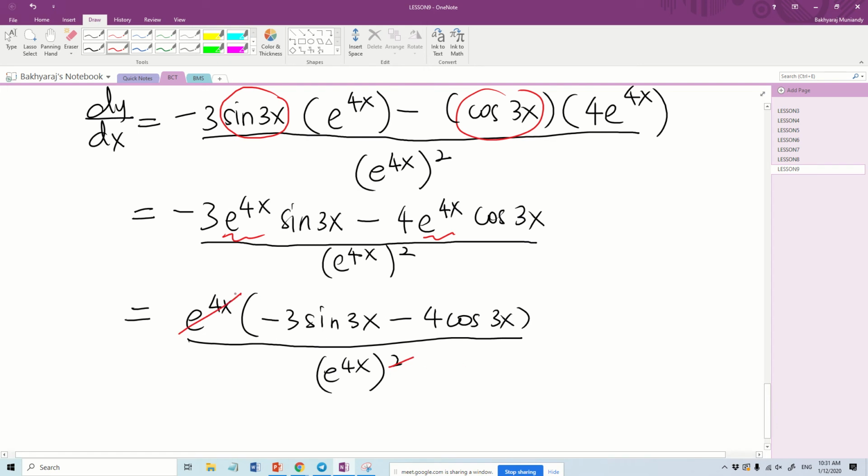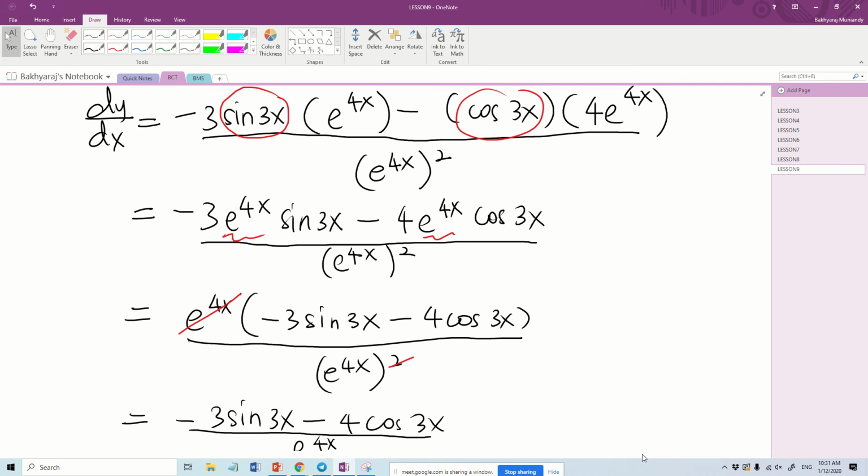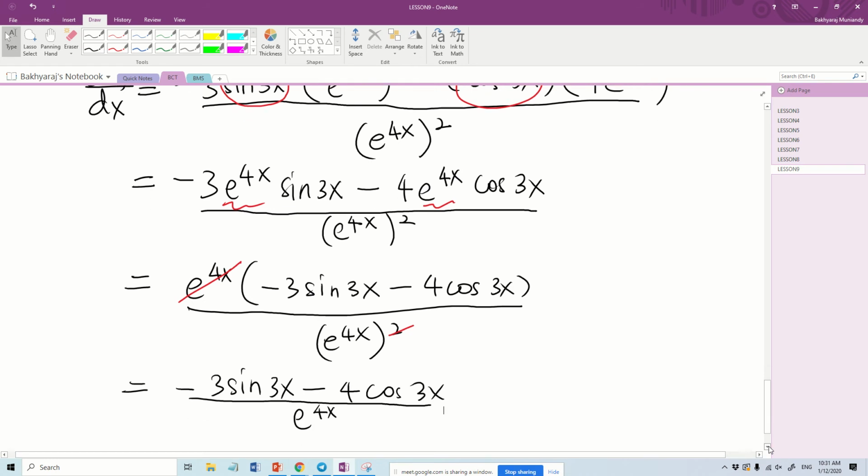So this one got 1, so you can cancel. So you nicely cancel lah. And the last answer you can give me equals negative 3 sine 3x, negative 4 cos 3x, divided by e^4x. Okay, this is what we get as the last answer.